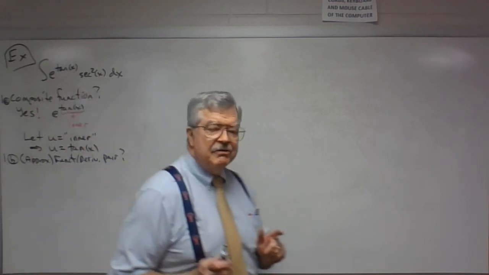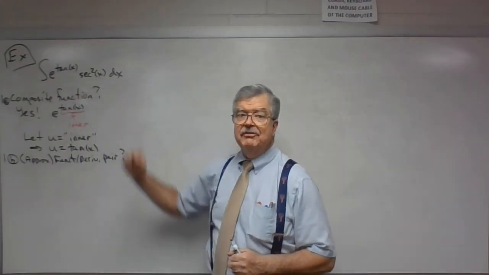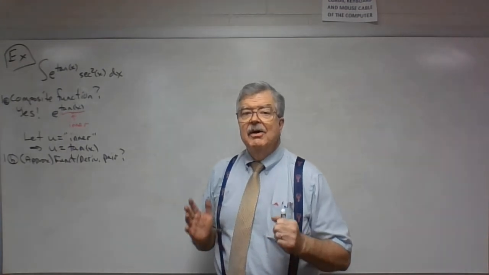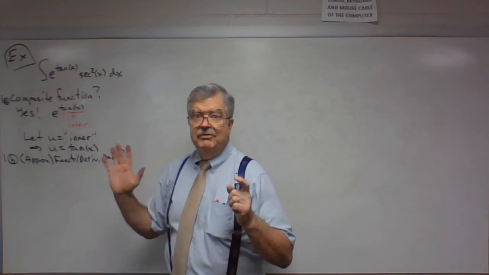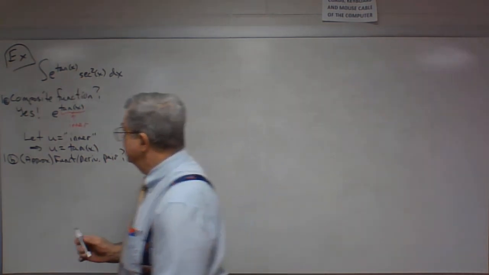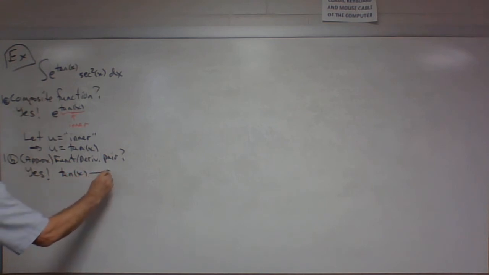We sure do. As a matter of fact, we went to great lengths to rewrite this expression so that the derivative of the exponent would jump out at us. So yes, we do have an approximate function derivative pair. In fact, it's exact. Secant squared x is exactly the derivative of tangent x.